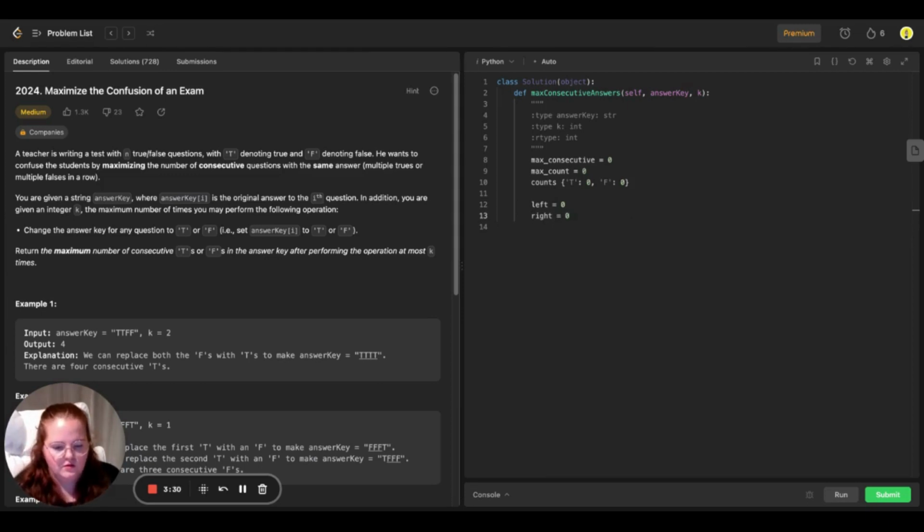So those pointers should be initially pointed to the first character of the answer key.